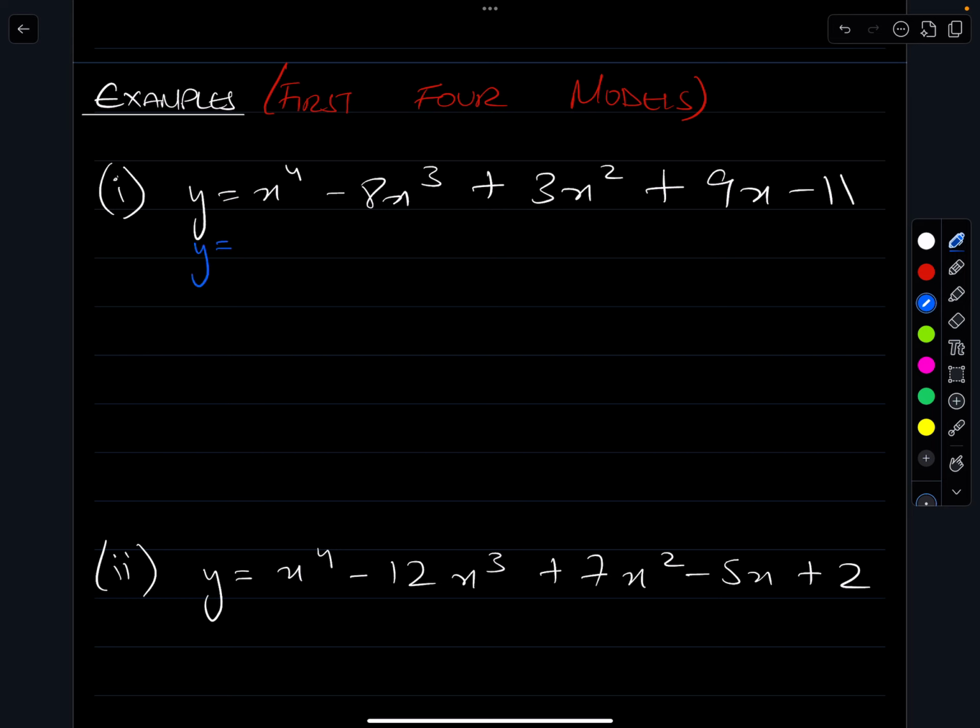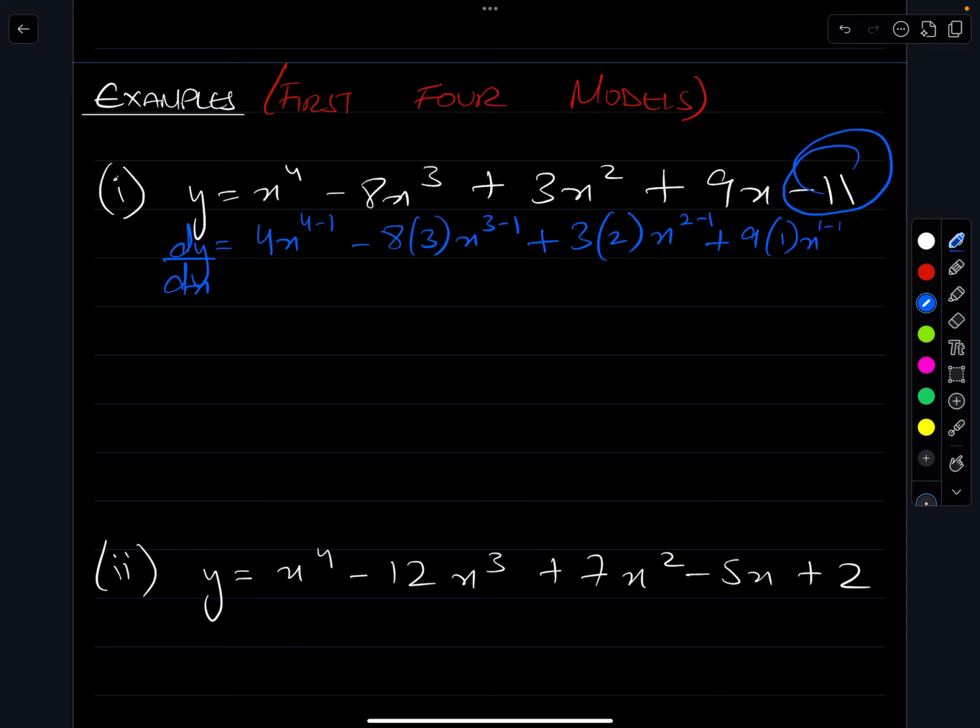In the first example, we're finding the derivatives of all these. So bring the power down, so it becomes 4x, reduce the power by 1. Similarly, I have a minus 8 here, bring the power down, so it's going to be multiplied with 3, and 3 minus 1. Similarly, 3, bring the power down, and x power 2 minus 1, plus 9, bring the power down, reduce the power by 1.